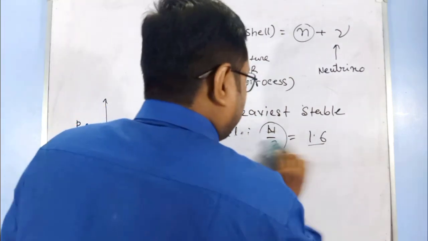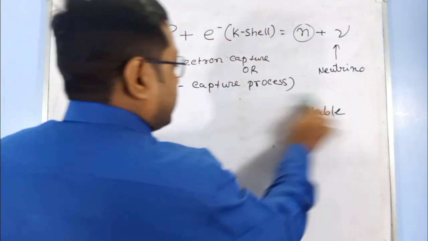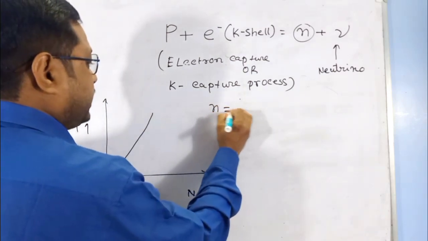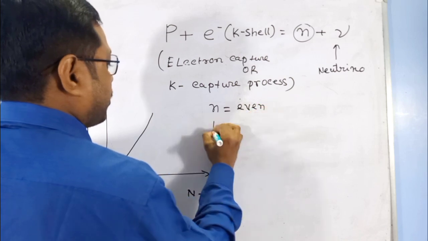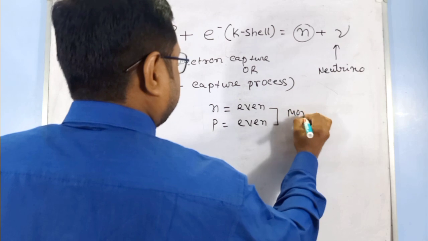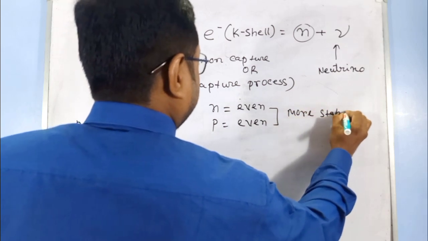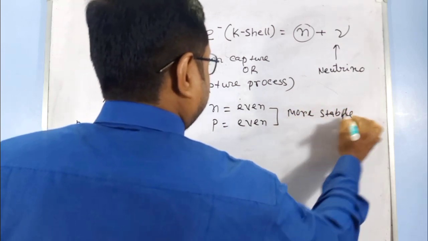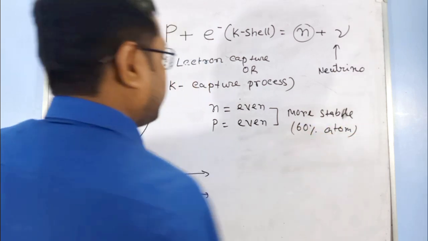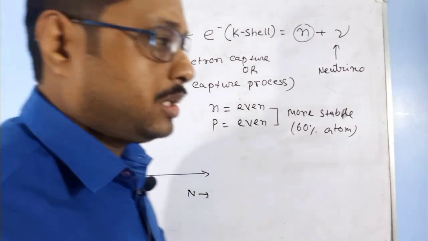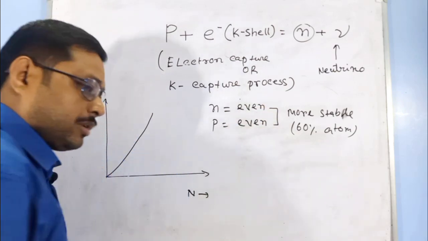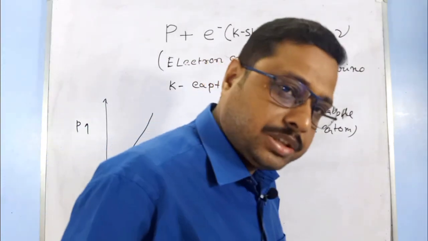Also one thing we should keep in mind is that nuclei with an even neutron number and an even proton number are more stable. About 60% of atoms show this property. But if the neutron number is odd and the proton number is odd, it becomes unstable.